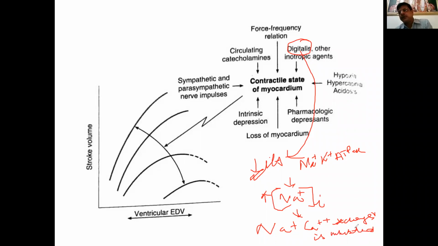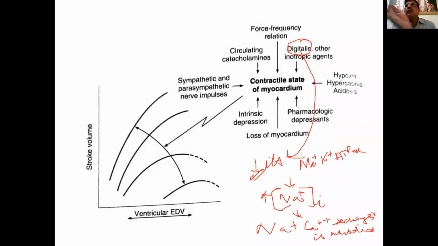If intracellular sodium is low, the sodium potassium pump is active and will pump out sodium. The sodium potassium pump pumps out 3 sodium ions and pumps in 2 potassium ions.